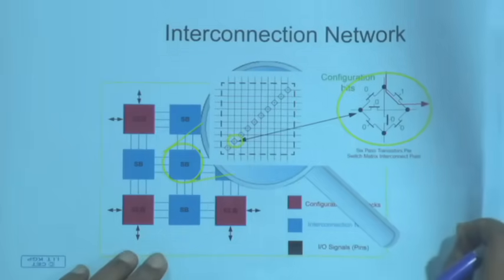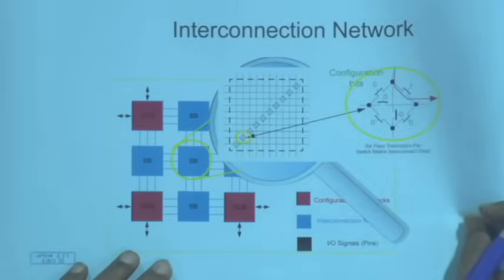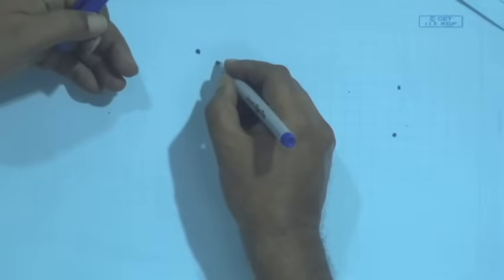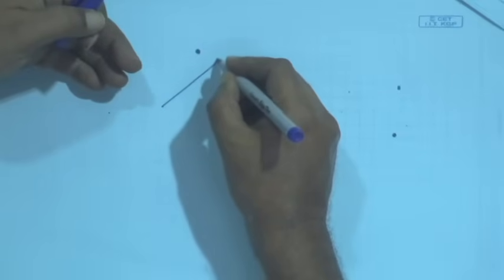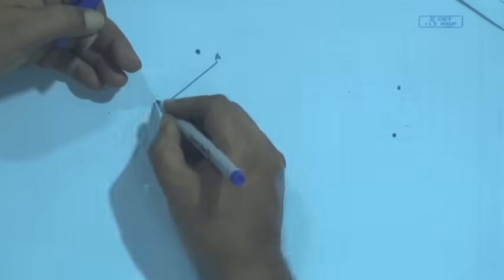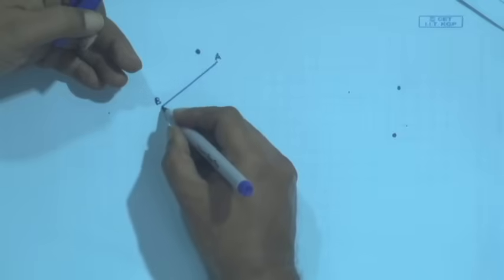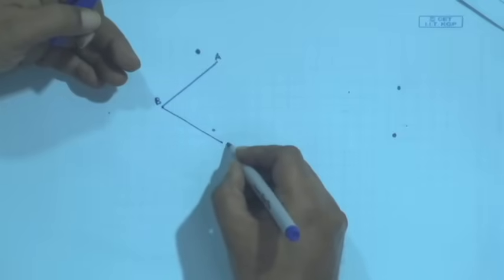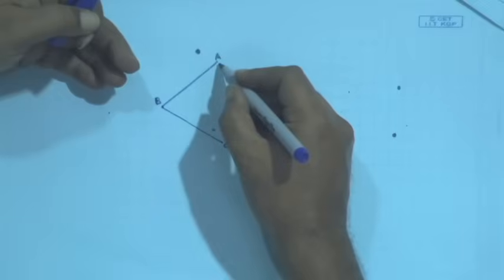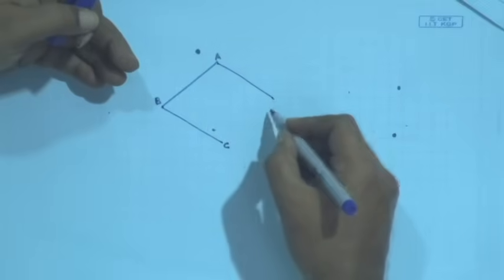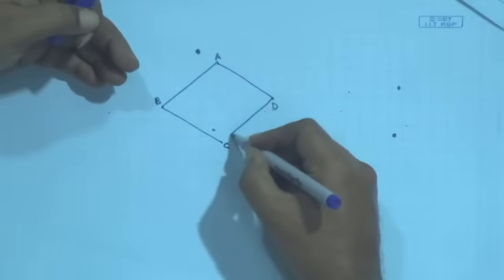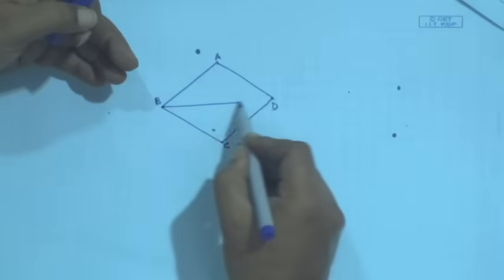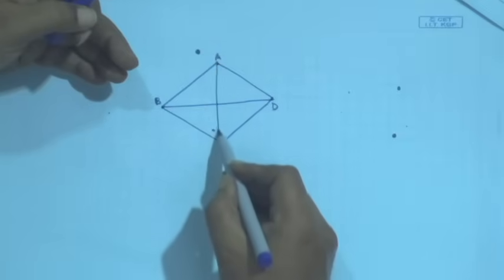For example, I will just make it a little larger. I have got the way of connecting these two, A, B or B, C, A, D, C, D, B, D or this.